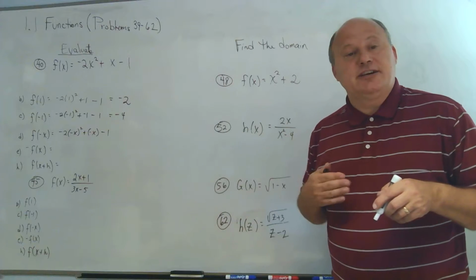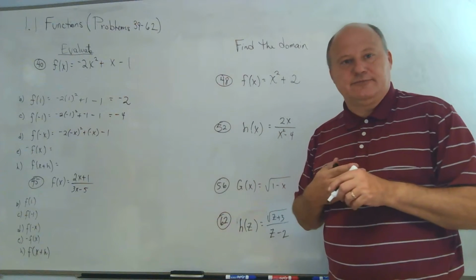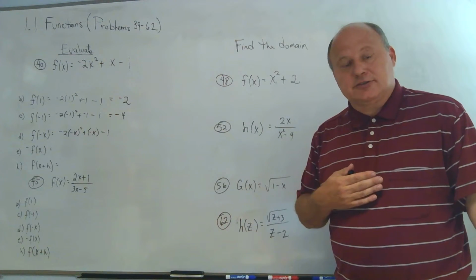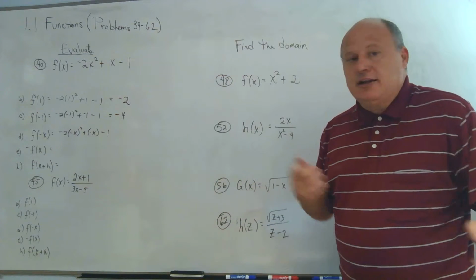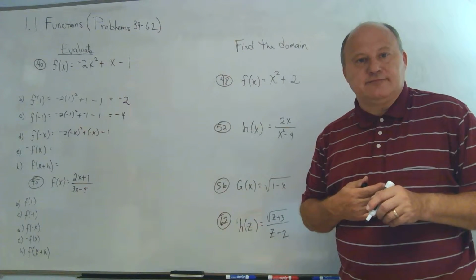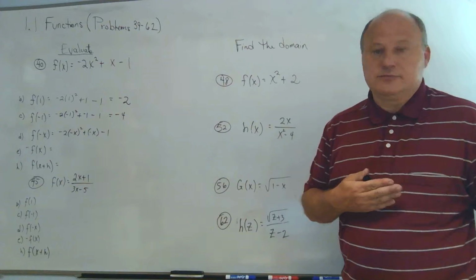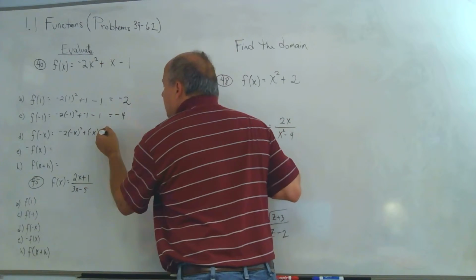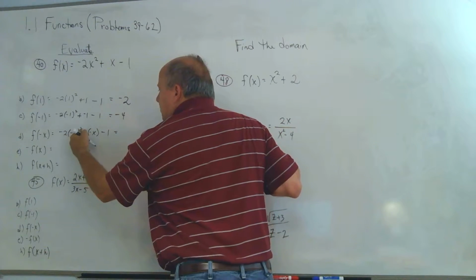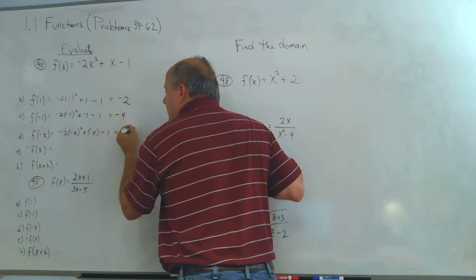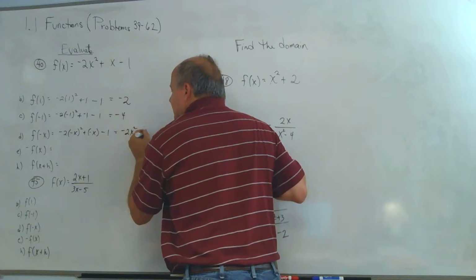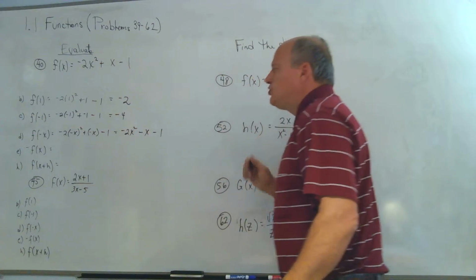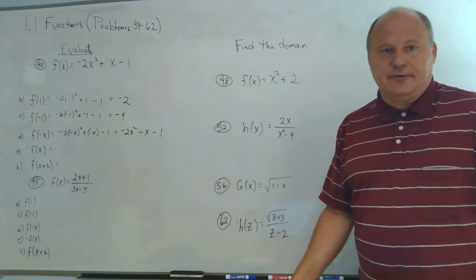If I put an expression in, I get out an expression. So I put in -x. Don't expect a number coming out of that. You're going to get an expression, and it's going to be in terms of x. So you get -2 times (-x) squared, which is -2x squared, plus a -x, which is minus x, and minus 1. So I put in -x. I didn't put in a number.